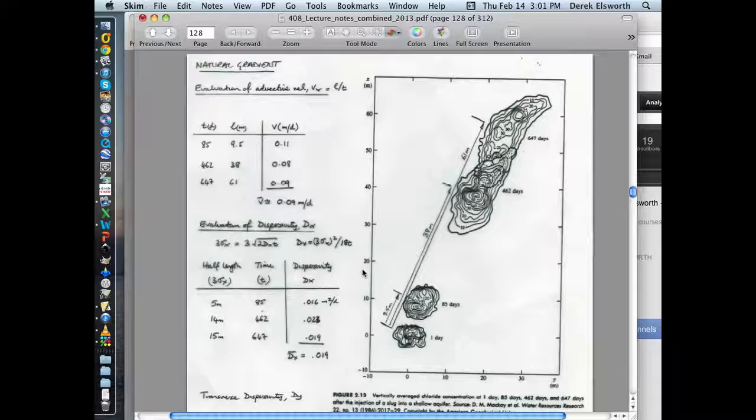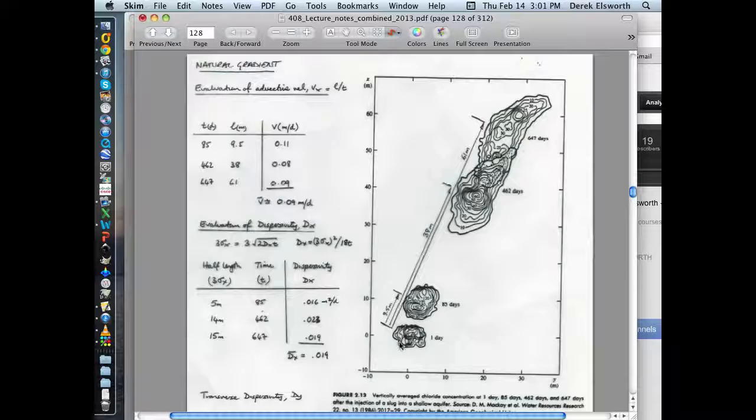And so here's the idea. This is also taken out of your textbook, out of Fetter. It's from an experiment that was done in Borden, a couple of hours north of Toronto at a Canadian Air Force base, as it turns out, which is a sandy aquifer. And what was done was that a plug of tracer was put into the very shallow aquifer, maybe a meter, less than 2 meters below the ground surface.